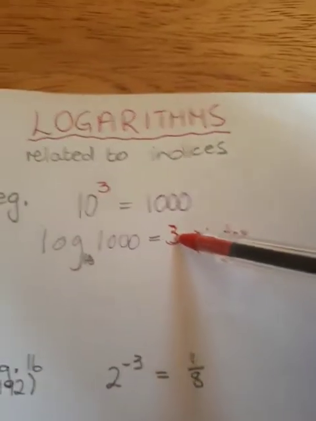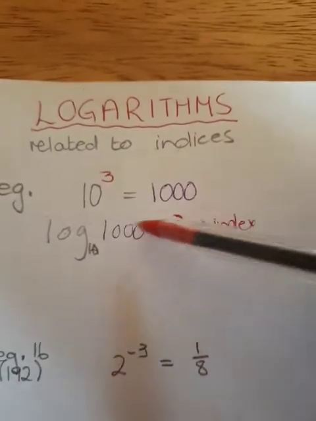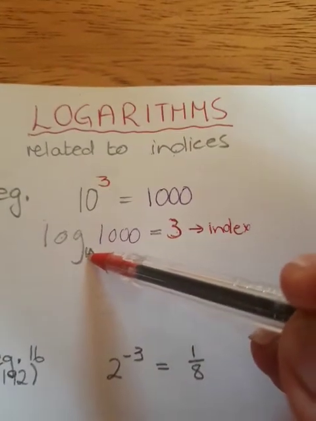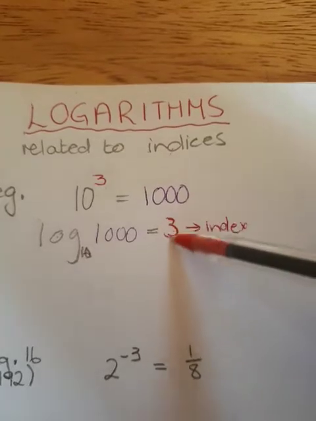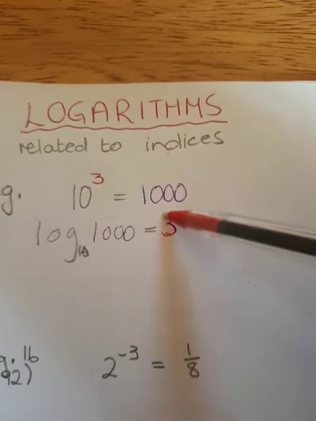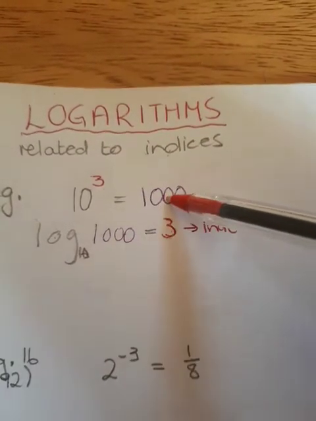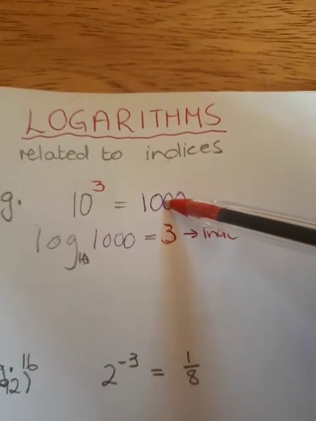So when we connect that with the indices, then you take your base, and to the power of 3, remember the log answer is an index, equals 1000.